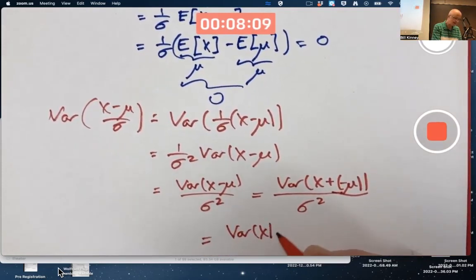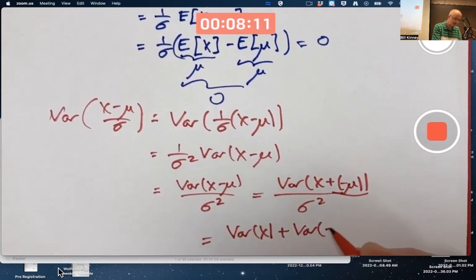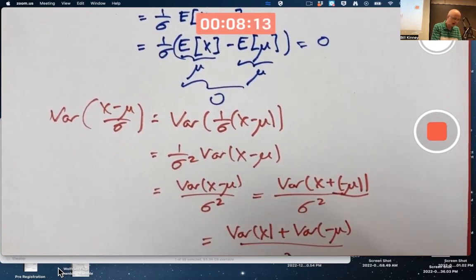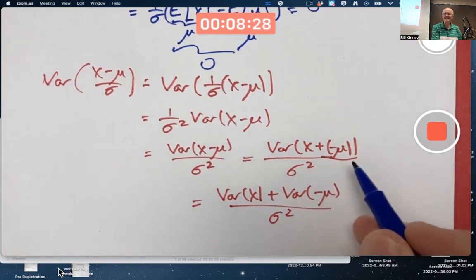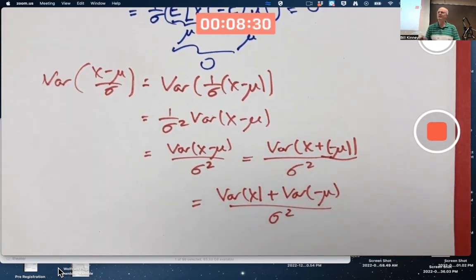I'm writing it down as if it is here. But what property would I need to know to guarantee that that's true? What's one word? It starts with an I. Independence. In order for this to be true, x and the constant negative mu better be independent random variables.